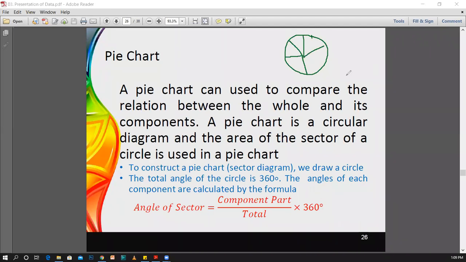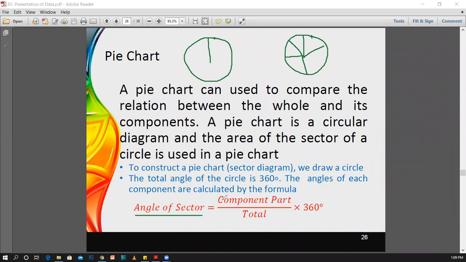In the initial stage we just have a circle, and now we need to divide it. If we divide this circle according to the levels of categories, each category represents an angle in this pie chart.